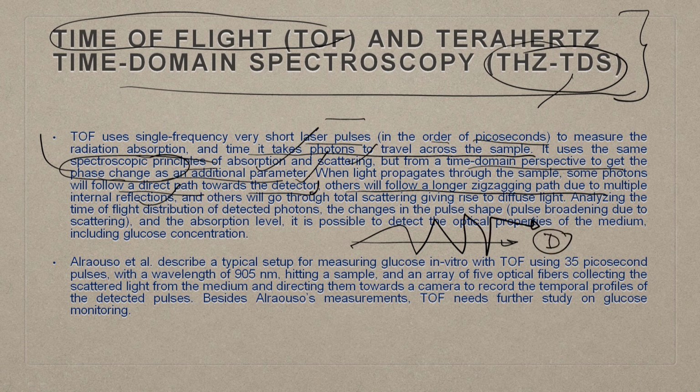Detector stands here for D, and others will go through total scattering, giving rise to diffuse light, something like this. Analyzing the time of flight distribution of detected photons, the change in the pulse shape and pulse broadening due to scattering and absorption level, it is possible to detect the optical properties of the medium, including glucose concentration.